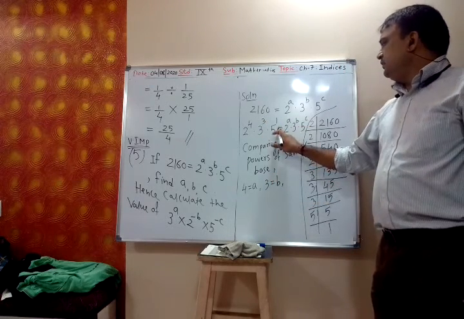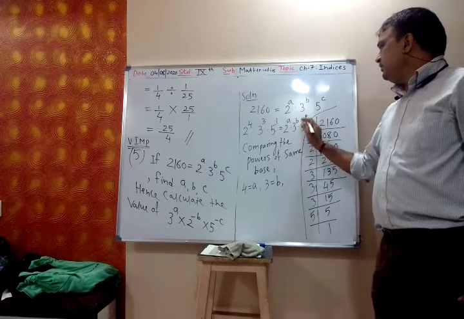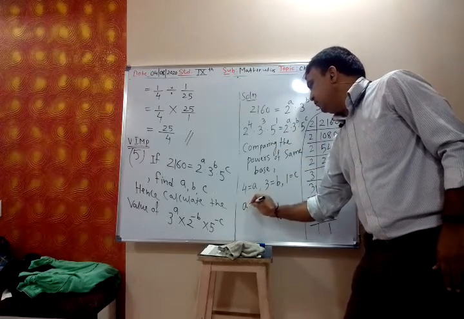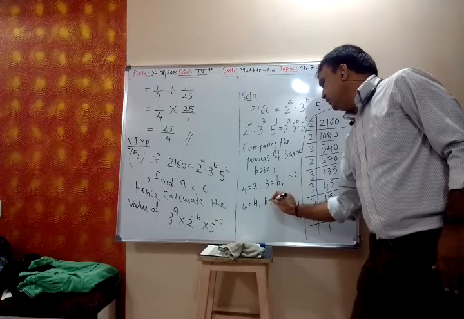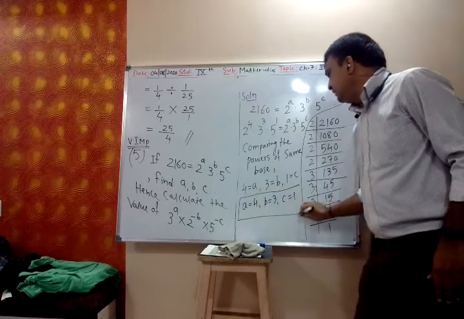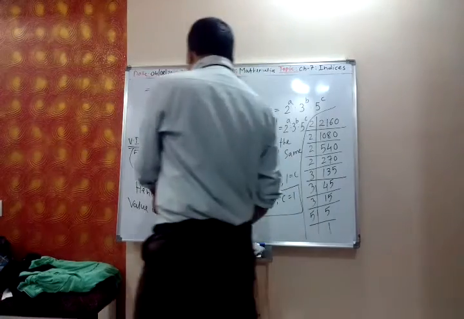And base is 5, power is 1. Base is 5, power is c. So 1 is equal to c. So the answer is a is equal to 4, b is equal to 3, c is equal to 1. So we have found the value of a, b, c.